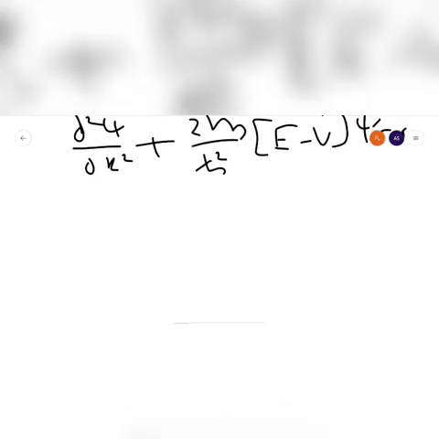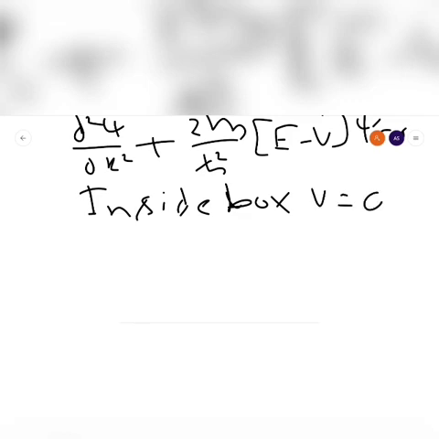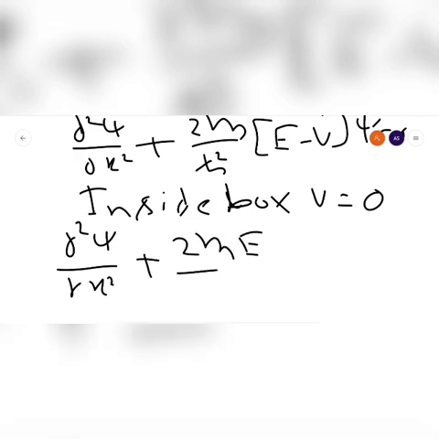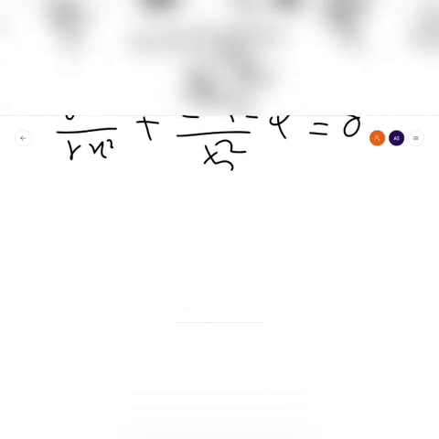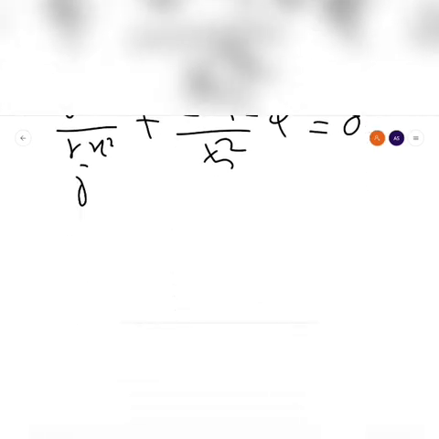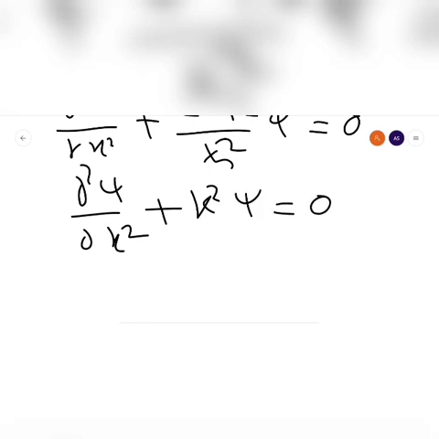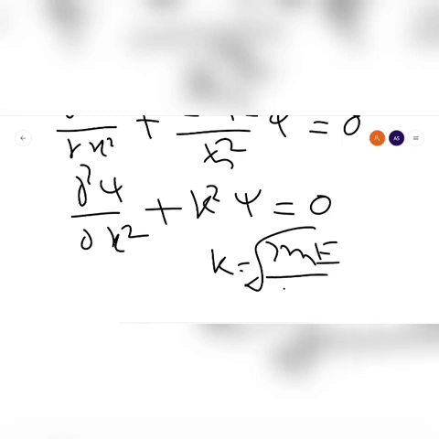Now you know very well the potential inside the box V is equal to 0. So the Schrodinger wave equation inside the box is d square psi by dx square plus 2mE by h cut square psi is equal to 0. Let the second derivative of psi with respect to x square plus k square psi is equal to 0, where k square is equal to 2mE by h cut square.